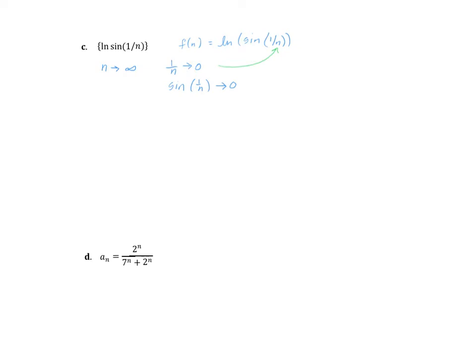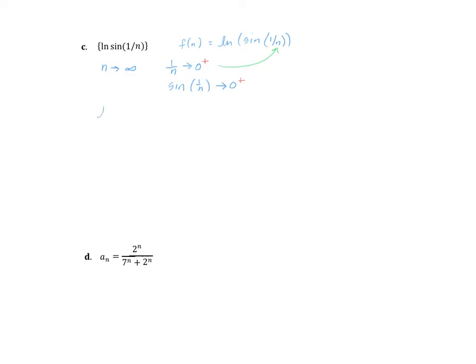If n is approaching positive infinity, then 1 over n is approaching 0 from the positive side. So it's getting closer and closer to 0 with positive numbers. In turn, that means that sine of 1 over n is approaching 0 from the right, or with positive values.